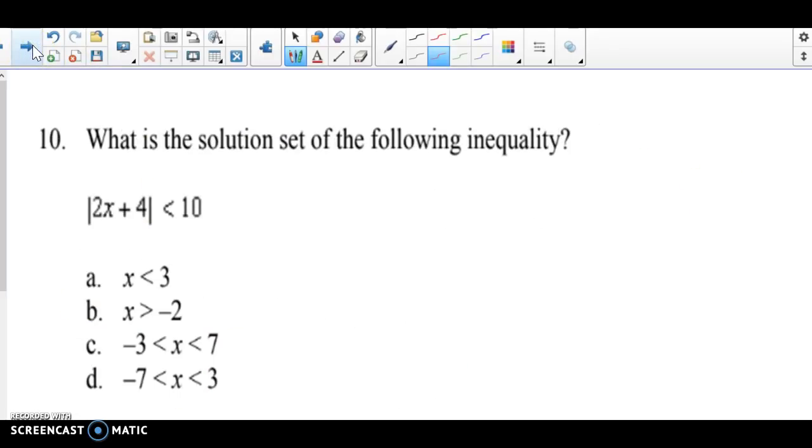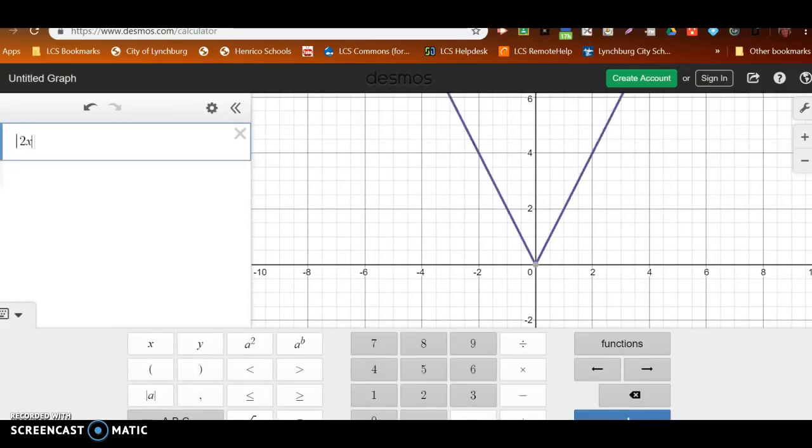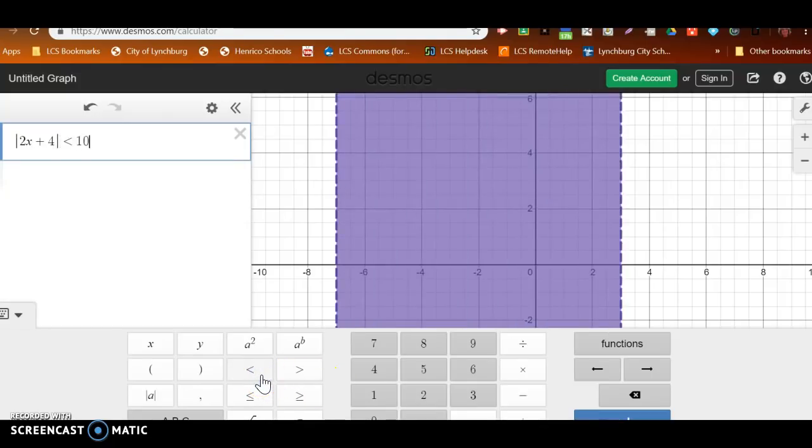Solution for the inequality. This one, let's graph in Desmos and see exactly what it looks like. So if we go to Desmos and plug in our equation, absolute value of 2x plus 4 is less than 10.